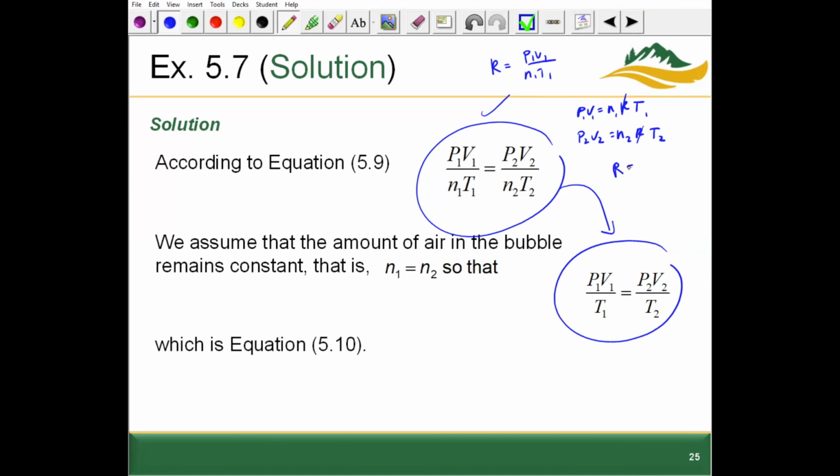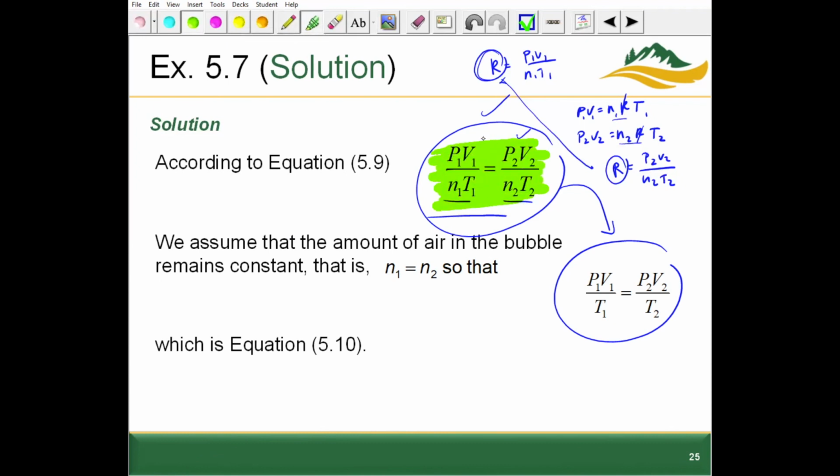R is also then equal to P2V2 over n2T2, right? Dividing both sides by n1T1 and n2T2. Then because our gas constant is the same for all problems, we can equate these, leading to P1V1 over n1T1 is equal to P2V2 over n2T2. So this is yet another variation of our ideal gas law.